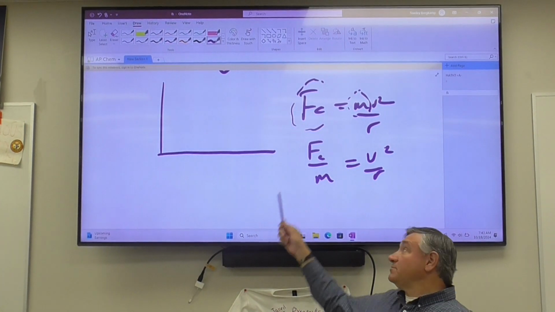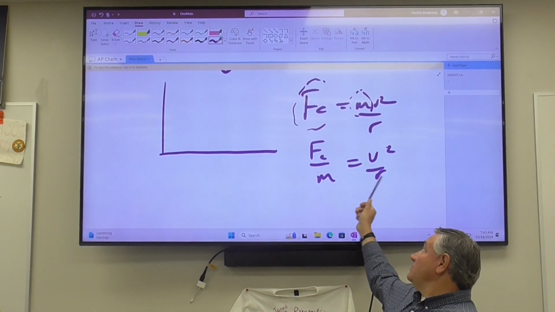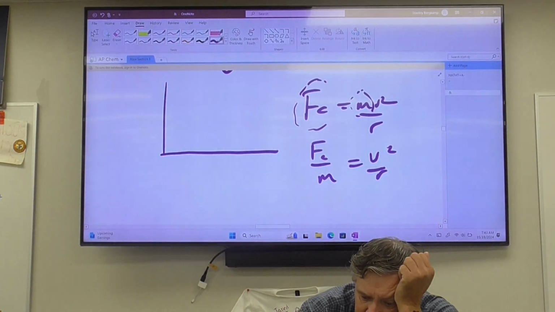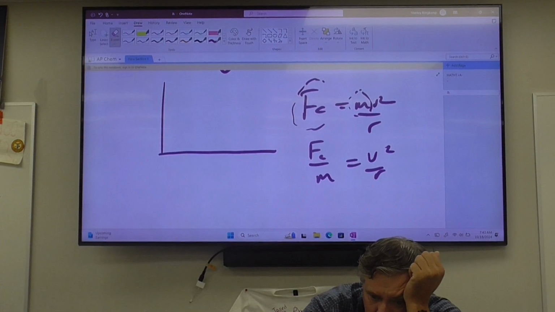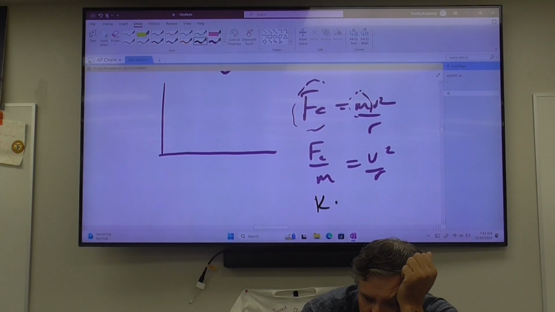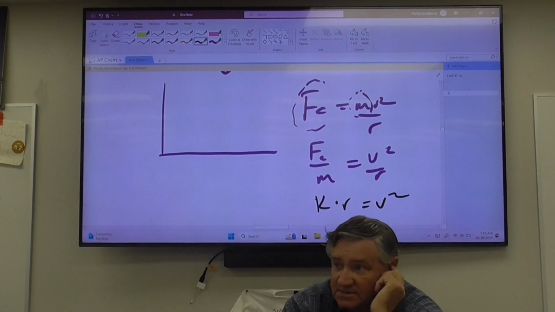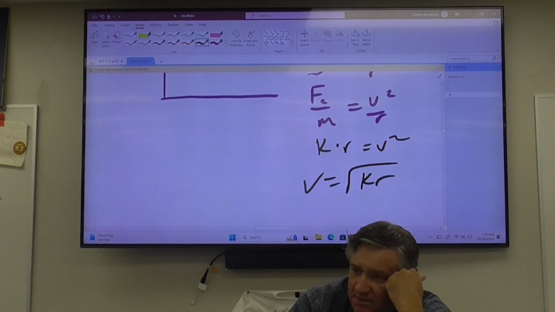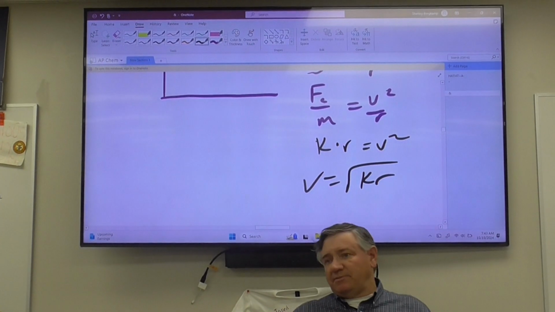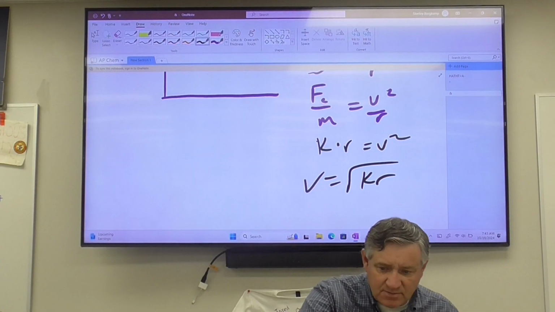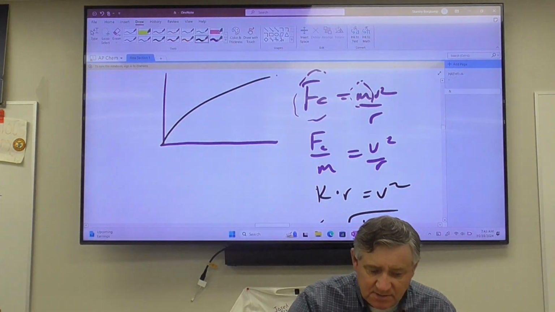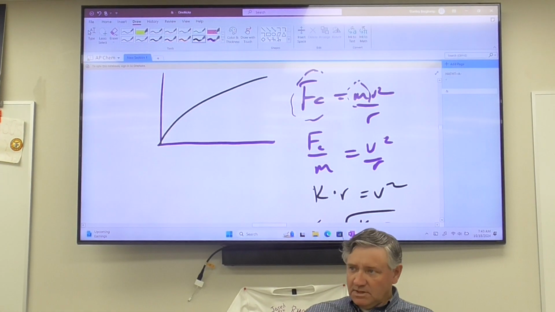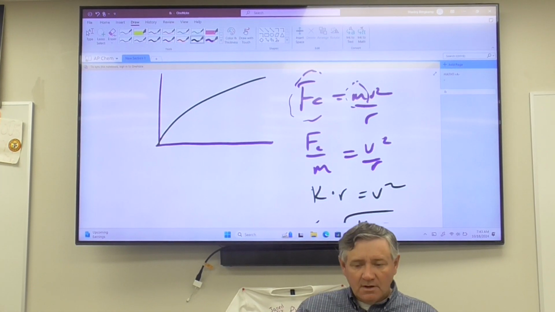Then if you wanted to, you could multiply by r, and then you would have some constant times r equals v squared. Then if you wanted to isolate v, you'd have v equals the square root of kr. Mathematically, that's what you end up with, okay? So that's why this graph should look something like this. In an ideal world, that would be a square root function, okay?